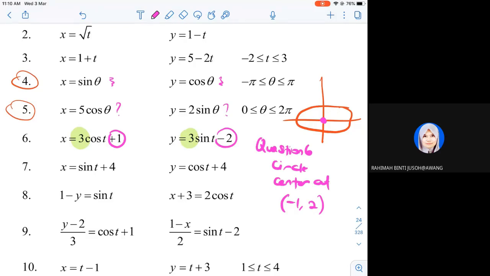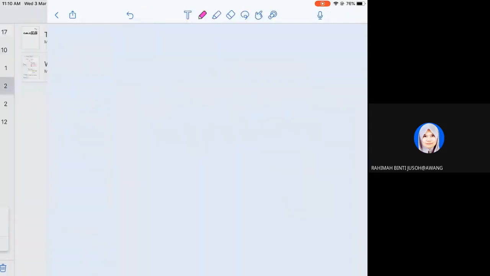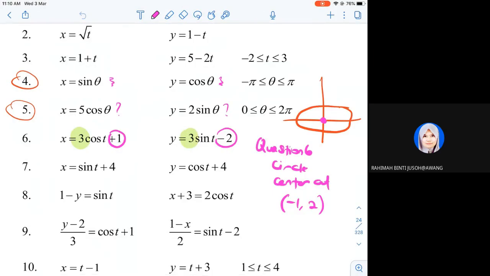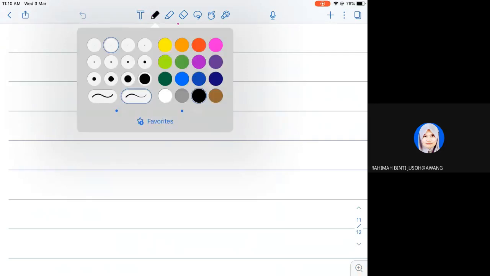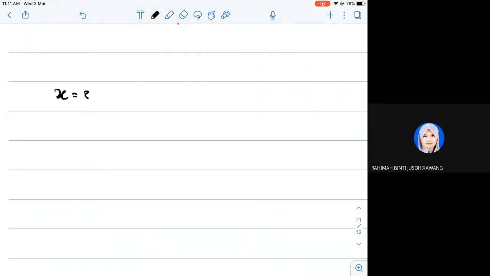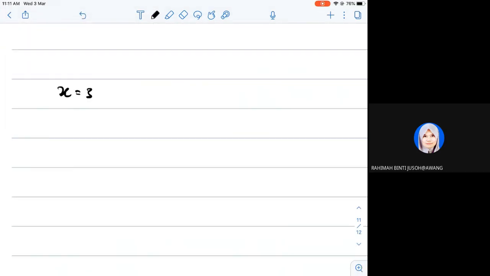Okay, sekejap lah saya buat question 3 cos t plus 1, 3 sin t minus 2. X equals 3 cos t plus 1, y equals 3 sin t minus 2 tadi kan? Okay, so dia jadi macam ni tau.